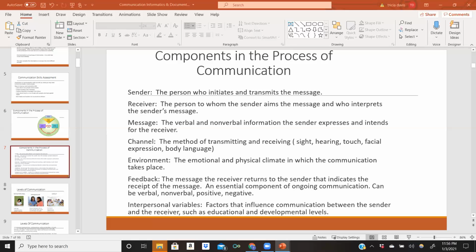So we use words that everyday people that aren't educated in healthcare don't understand. So we have to be conscious of their educational level, what their appropriate level is for understanding, and maybe they have developmental needs that keep them from being capable of understanding the information that we are trying to communicate with them. So we have to take those things into consideration.